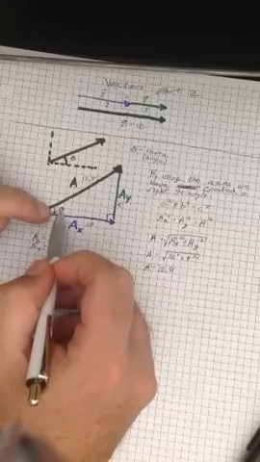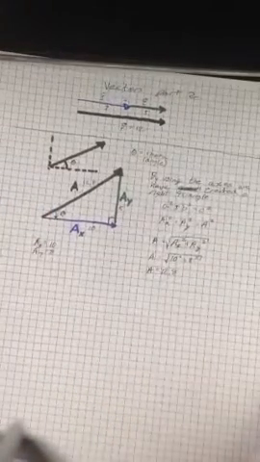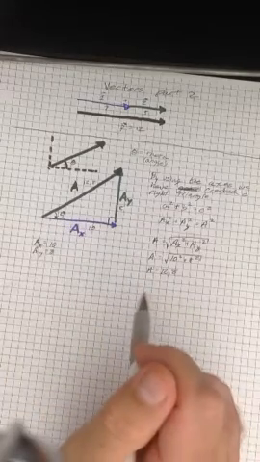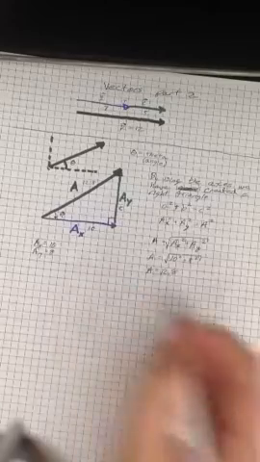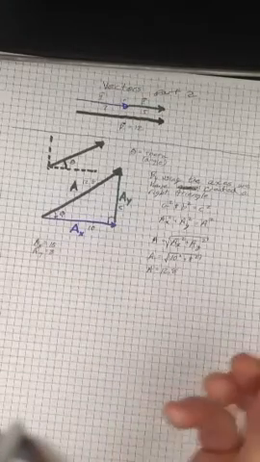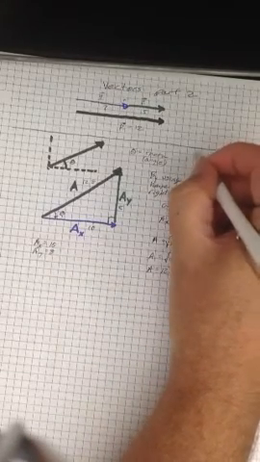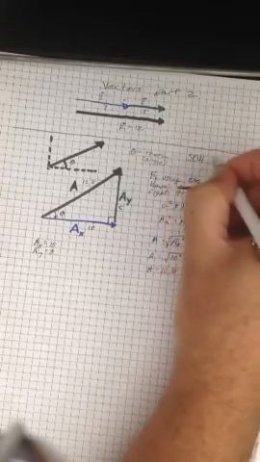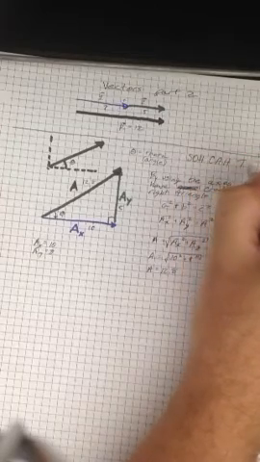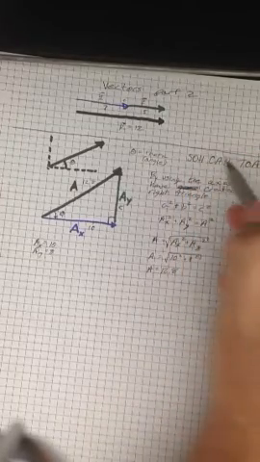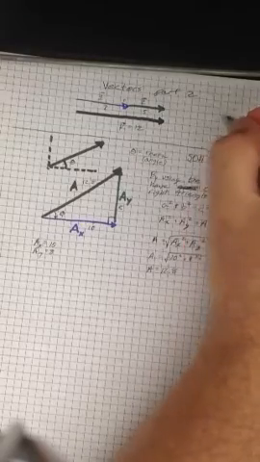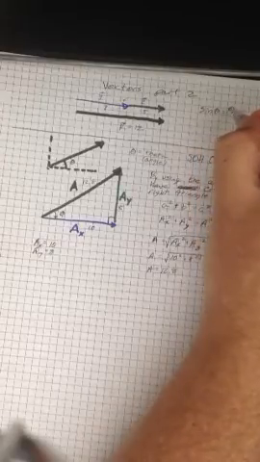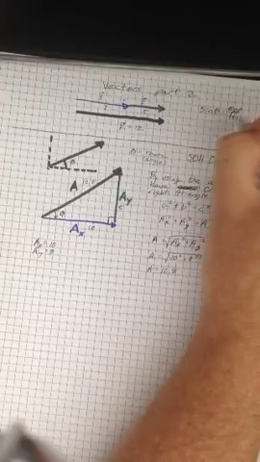Now, in order for me to find theta, I am going to have to use a trig function. The trig function I'm going to have to use is either sine, cosine, or tangent. If you can remember the saying, we have SOH CAH TOA. Remember that sine theta equals opposite divided by hypotenuse.